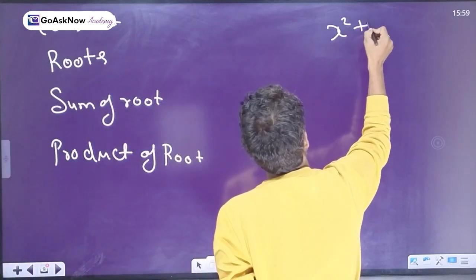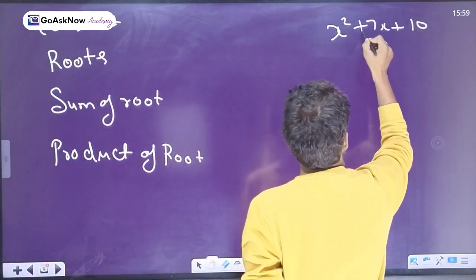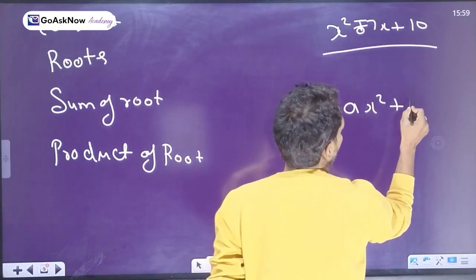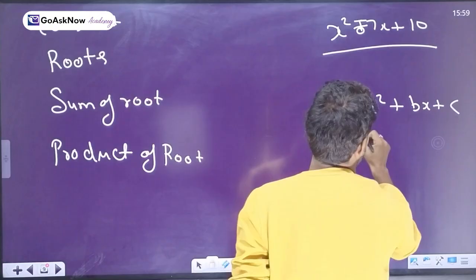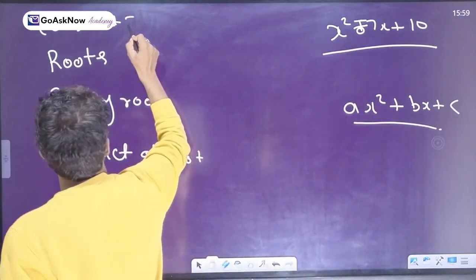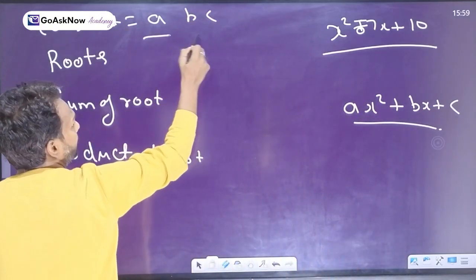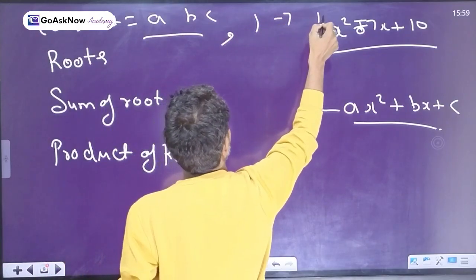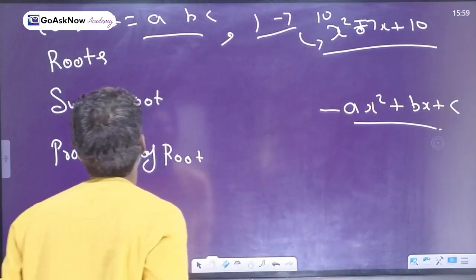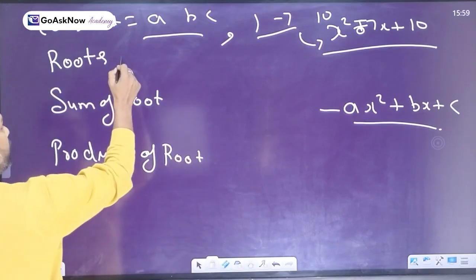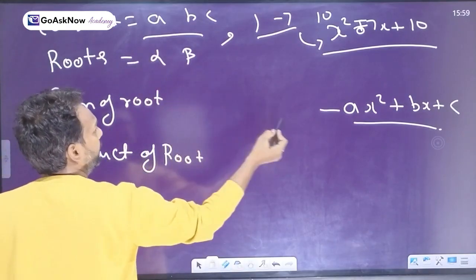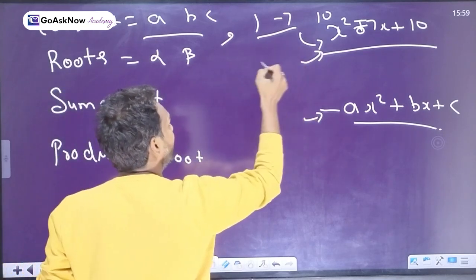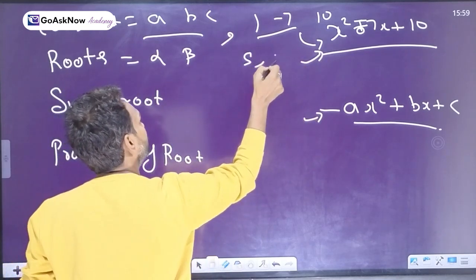For x square minus 7x plus 10, or generally we talk about ax square plus bx plus c, what are constants? Constants are a, b, c in this, or 1, minus 7 and 10 in this. What are roots? Roots were alpha and beta for this, or specifically for this one we got 5 and 2.